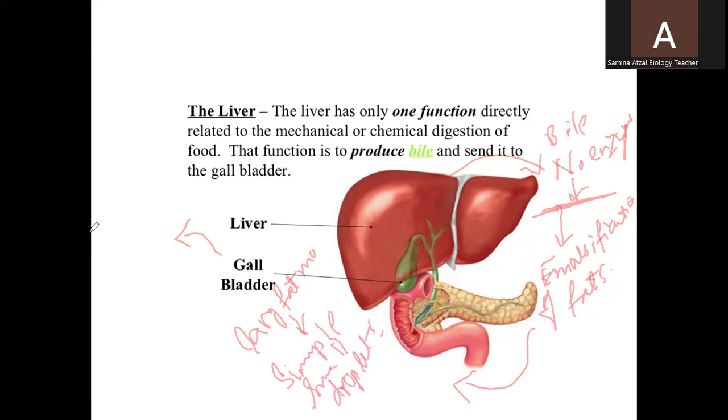Large molecules of fats are emulsified into small droplets. So this process is called emulsification, and emulsification is done with the help of bile. And the second function of the liver is the storage of glycogen.